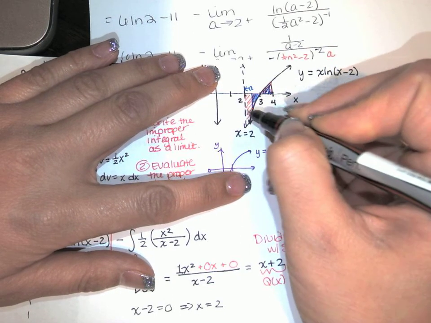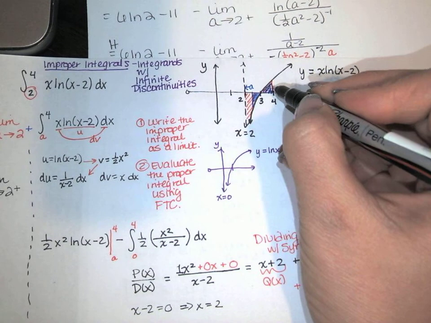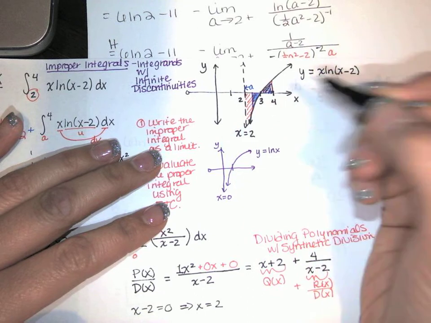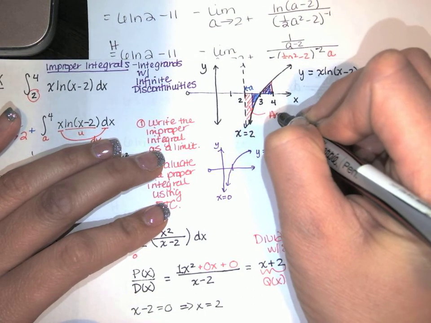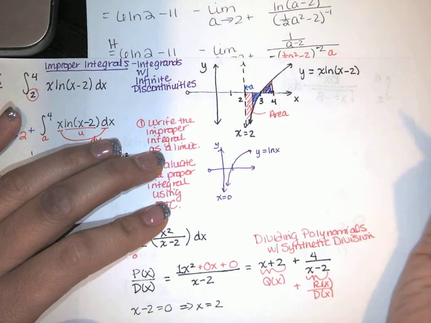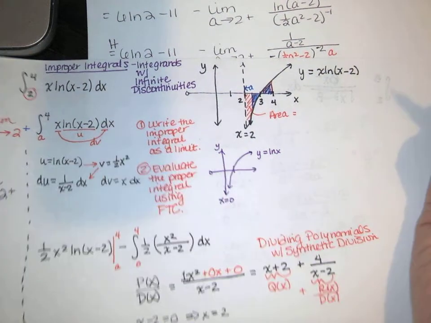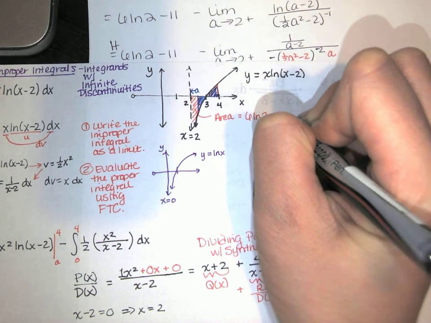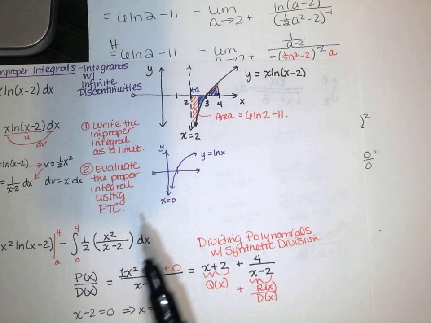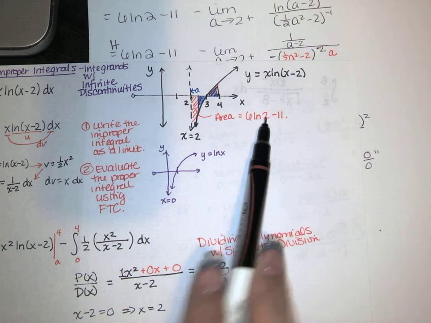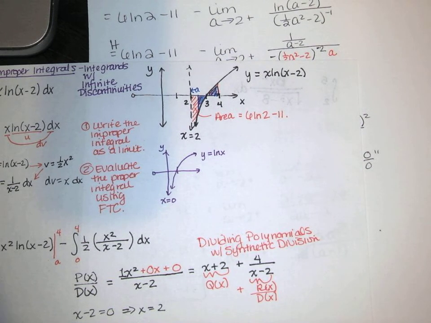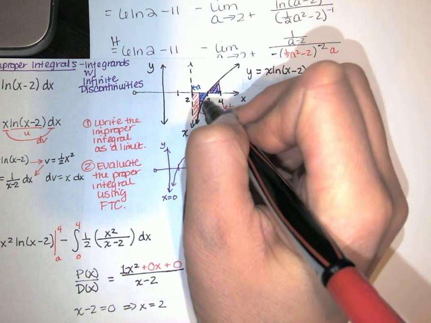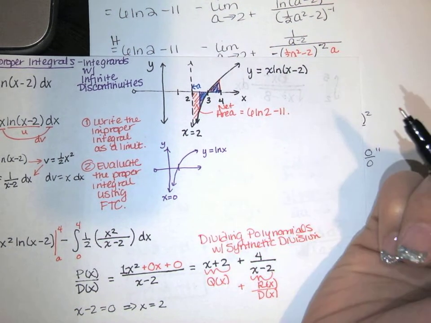And when you take this area and you subtract this area, I know it doesn't look like it from my picture because my picture is not to scale, but it turns out that that area is greater than that area, and this red area, as a gets closer and closer to 2, that area is approaching 6 natural log of 2 minus 11. Now, I think I just said that that was guaranteed to be positive, but that minus 11, yeah, I'm not sure if that's positive or not. But the net area, the area above the x-axis minus the area below the x-axis, that's equal to this.